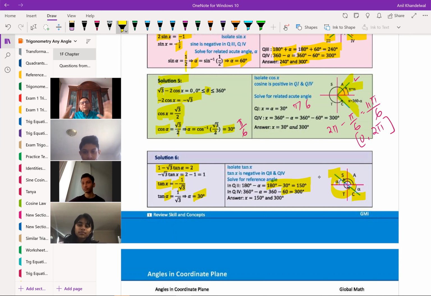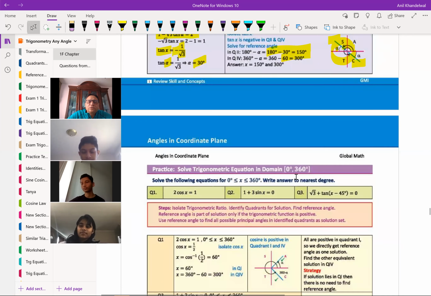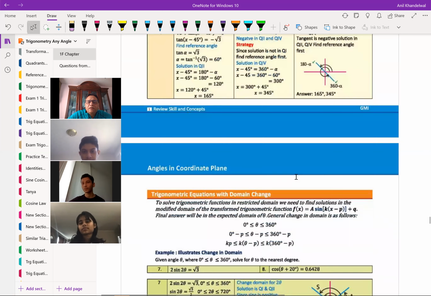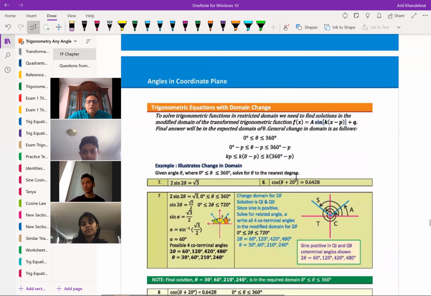Do you see these simple steps to follow over and over again to answer the simple equations as we did? Is that clear to you? Great. So these are the basic steps which we are going to follow to answer all such questions. Now, we could have many other similar questions with different domains to discuss.